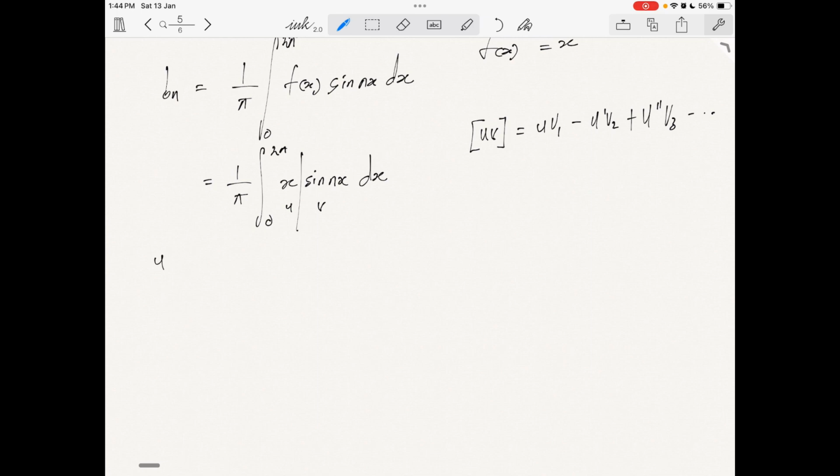So when we evaluate, u is x and v is sine nx. So u prime is 1 and u prime prime is 0.